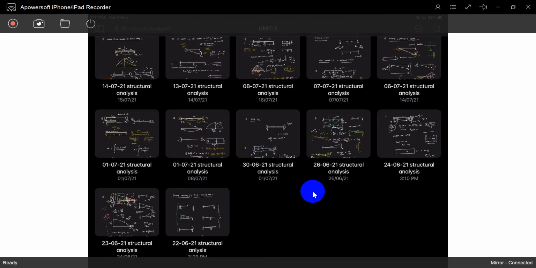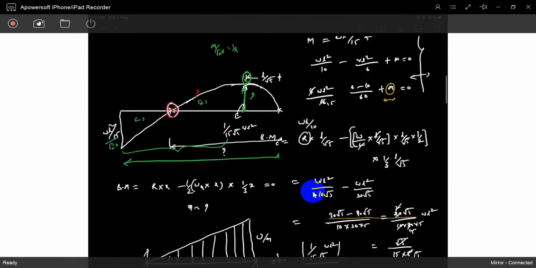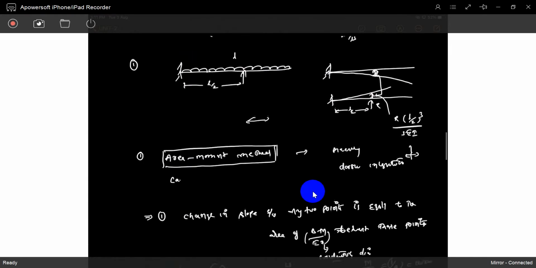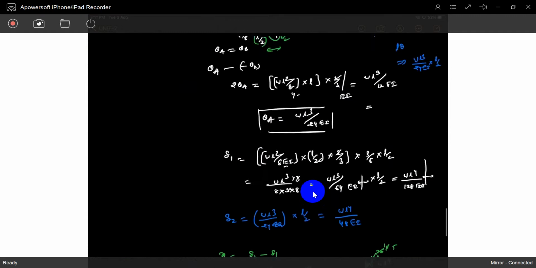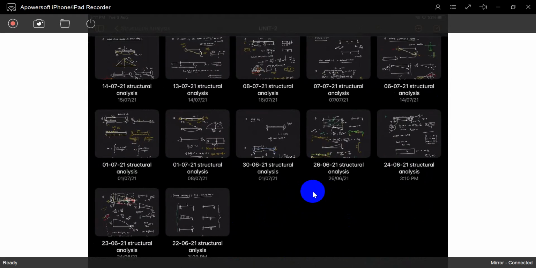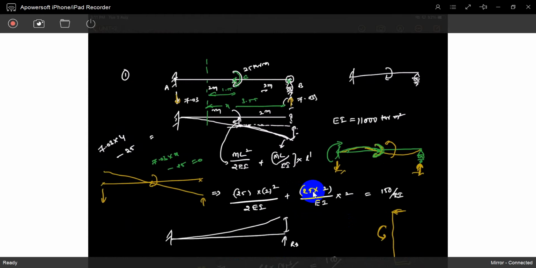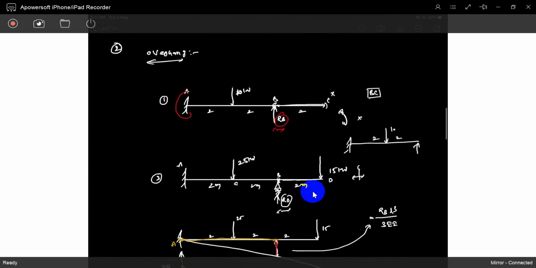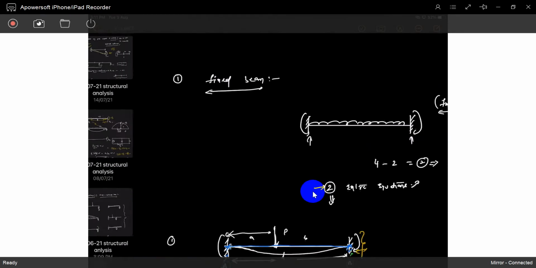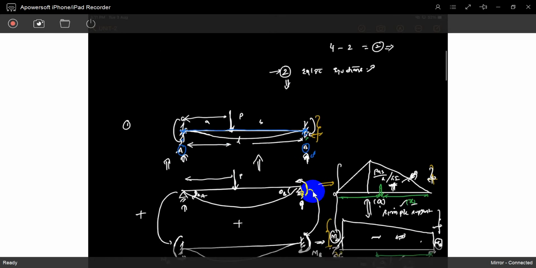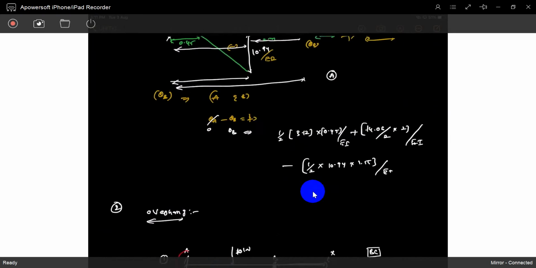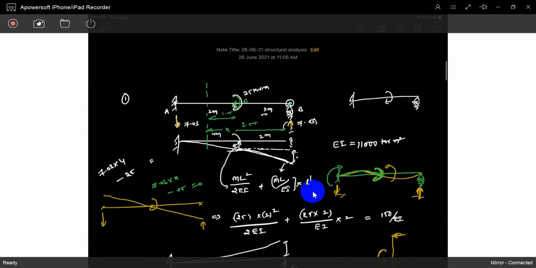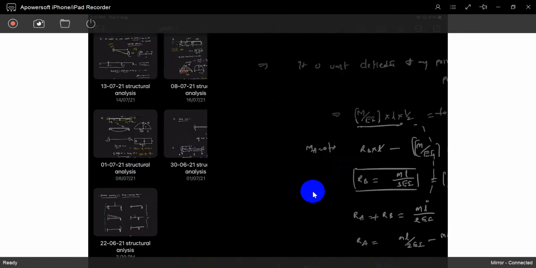For the same phenomena, we calculated the deflection when one end is fixed, where it directly comes to 0.